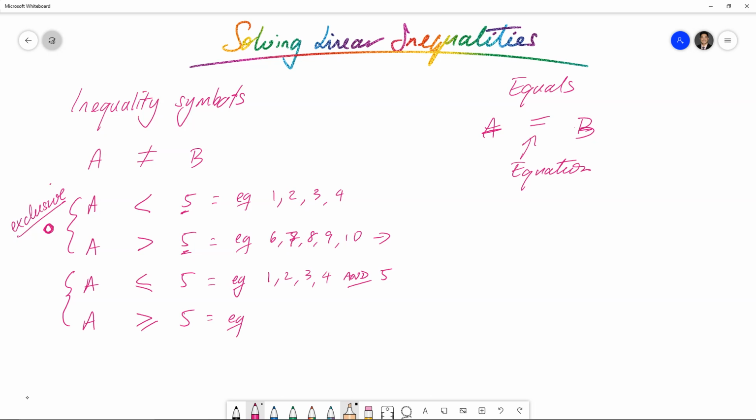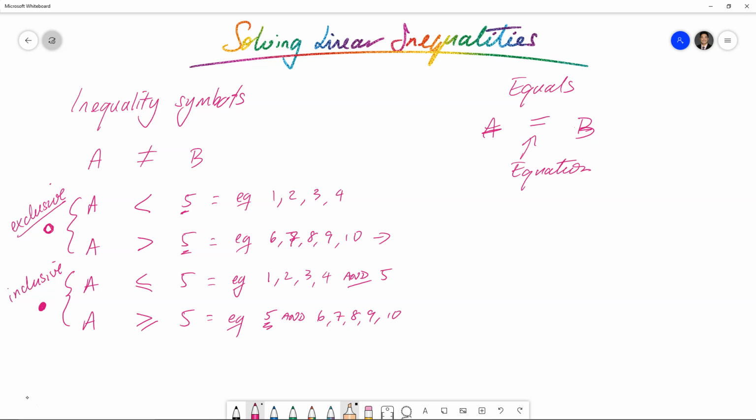The same goes for the next one, where A is all the numbers that are greater or equal to 5: 5 as well as 6, 7, 8, 9, 10. These are inclusive because they include the number 5 as the reference point, and we use the solid point. You would have seen this in previous years.